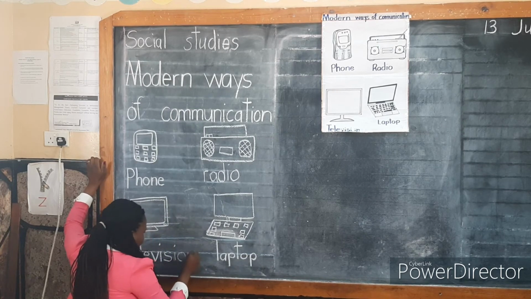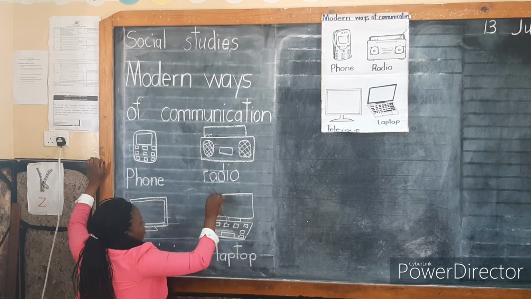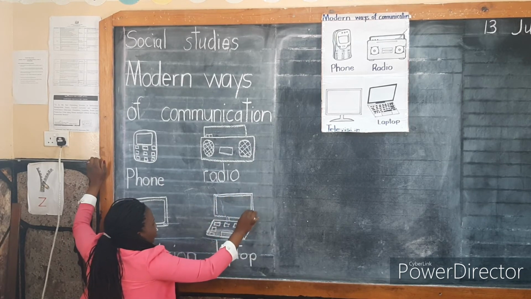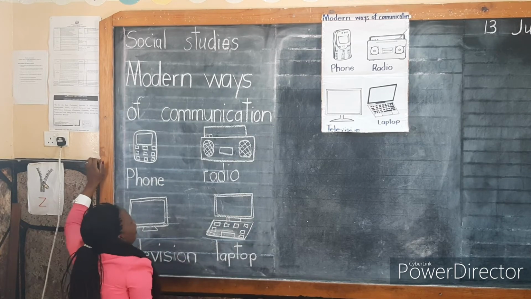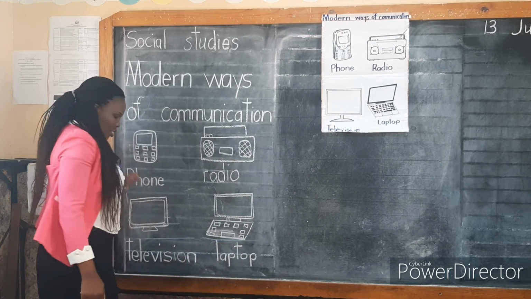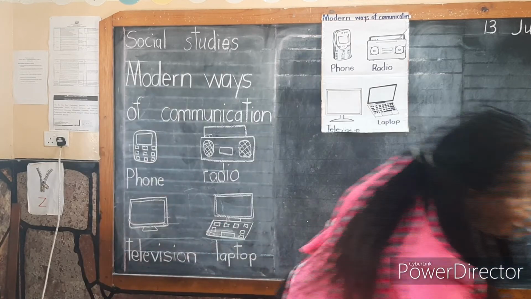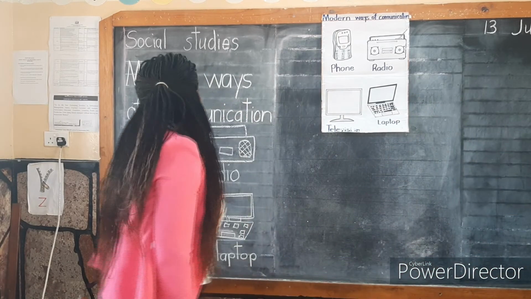So I'm going to write the word laptop. Remember to put another line as you draw the laptop. Aha! Good. So we are done drawing the modern ways of communication.